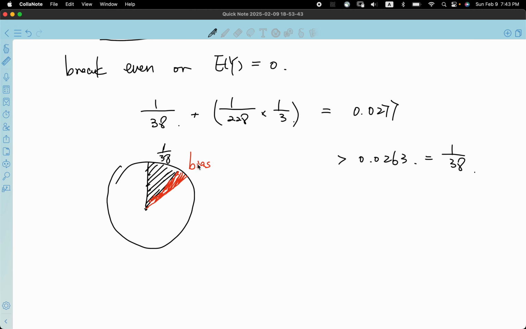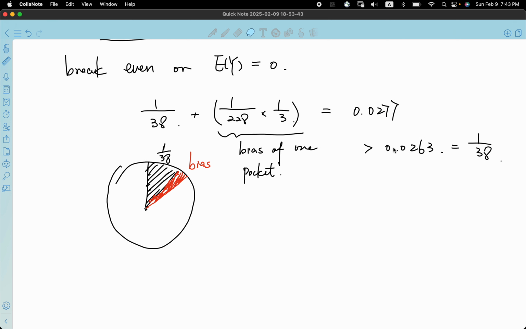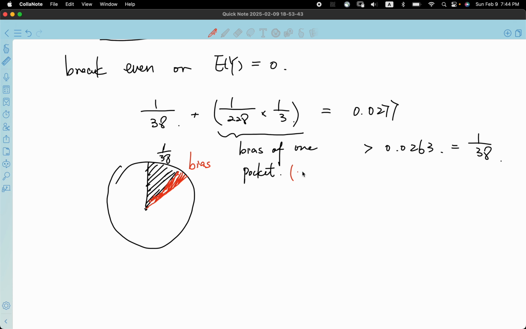So the bias here is the bias for one number, of one pocket, and this is the red part in the figure.